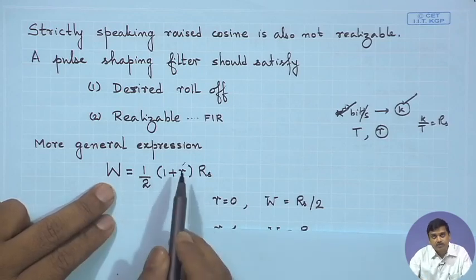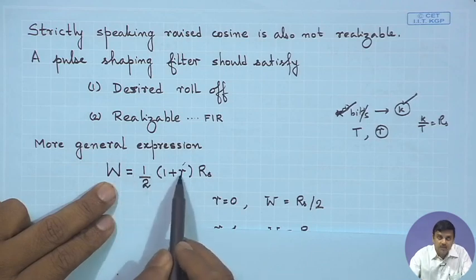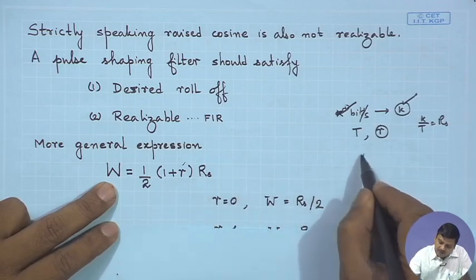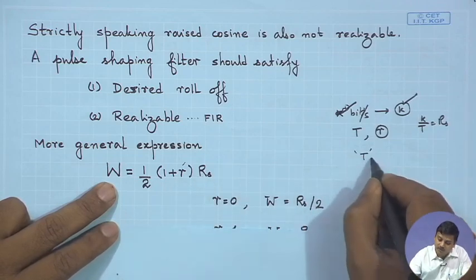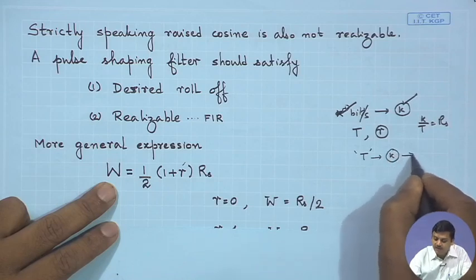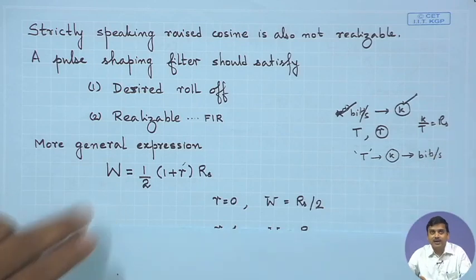Or in a reverse manner, if W is given, R is given, that means the bandwidth and the roll-off factor, you would be able to calculate the symbols per second that you can send. And once you calculate the symbols per second, you have T with you. So, if you have T with you, now you can adjust the value of k if you want to achieve a certain bits per second data rate.